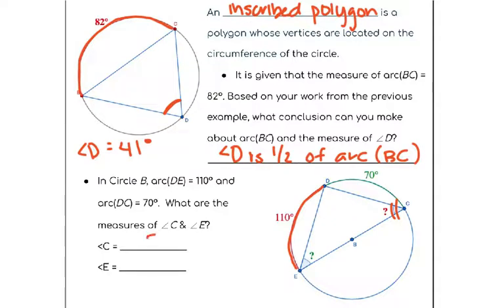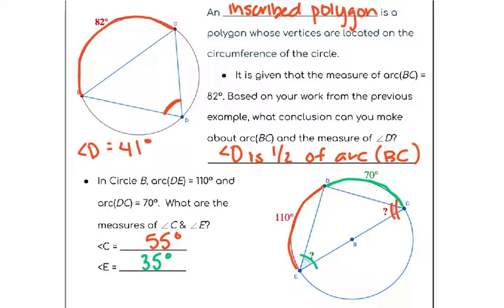So that would be 55 degrees. Now let's look at the other one that we have. This is 70 degrees, so its inscribed angle, E, should be 35 degrees. Okay, so that's that relationship.